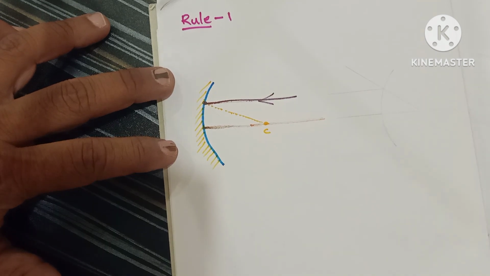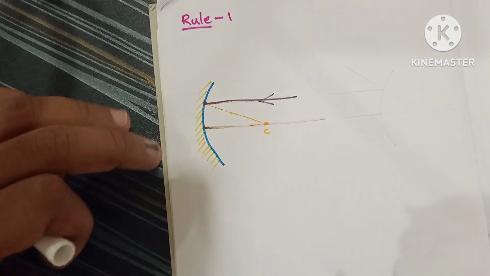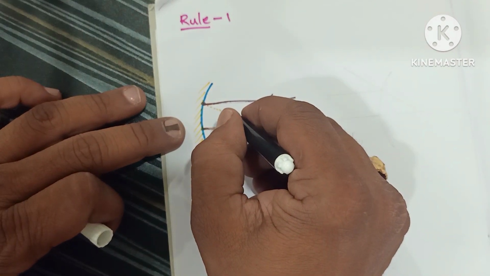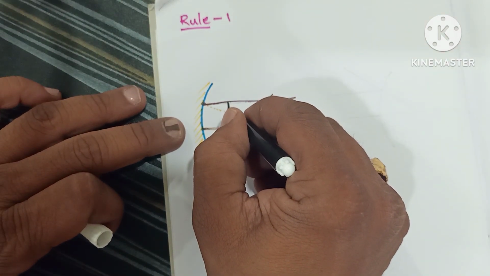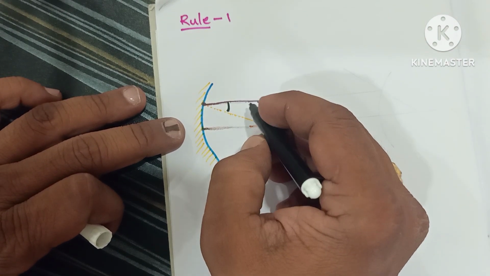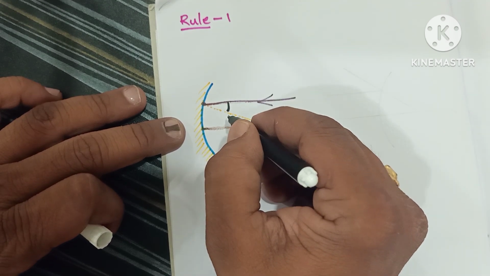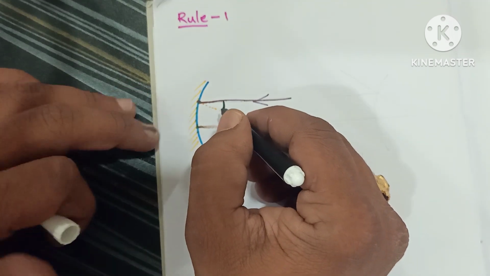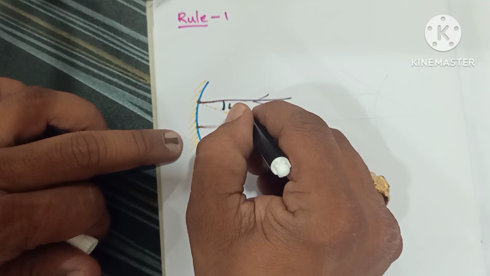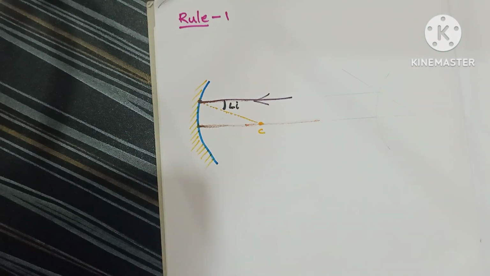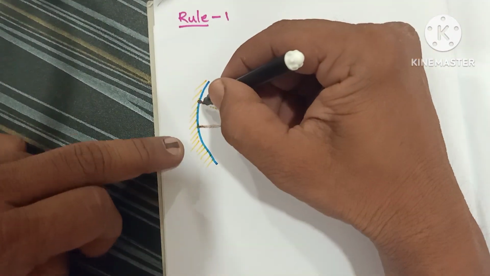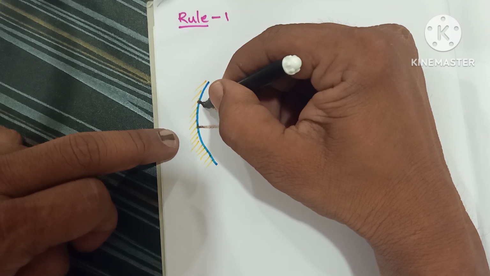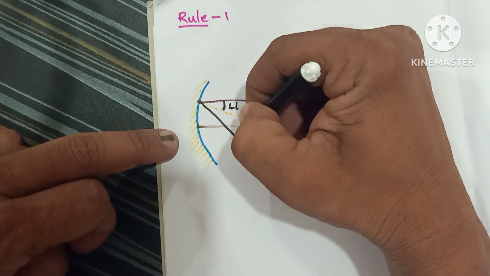After reflection, on one side of the normal we have the incident ray, and on the other side of the normal there will be the reflected ray with an angle equal to the angle of incidence. Now this ray passes like this.